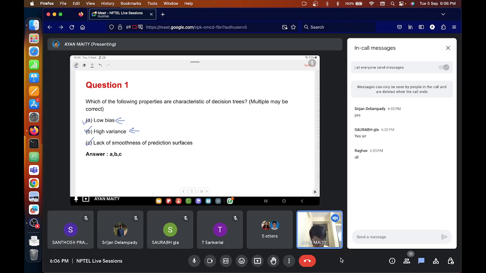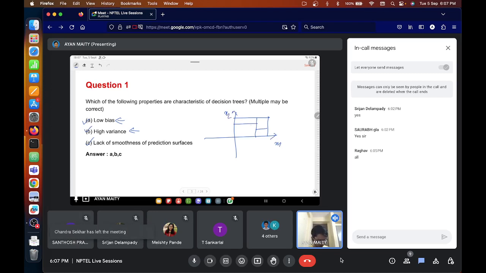And the third option is lack of smoothness of prediction surfaces, and this is also easily understandable. If this is the overall feature space, a diagram like this has been shown in the video lectures also, where these are the two features x1 and x2.